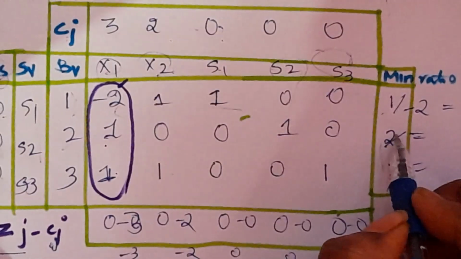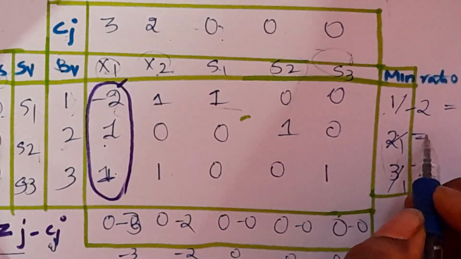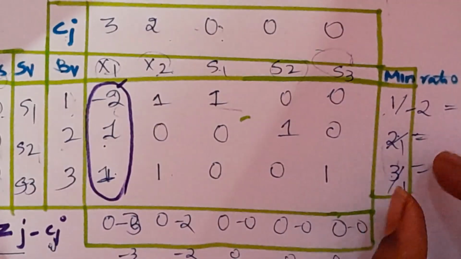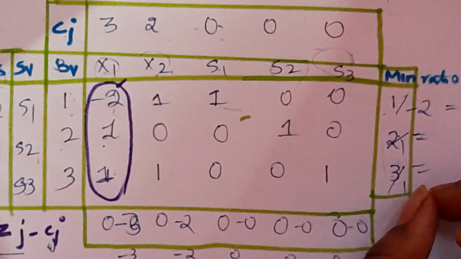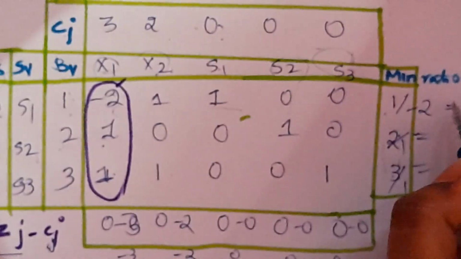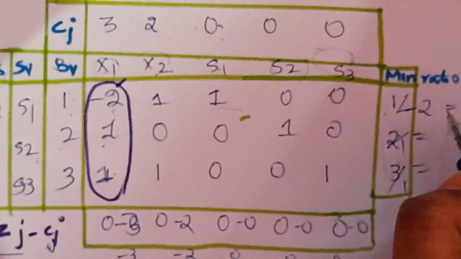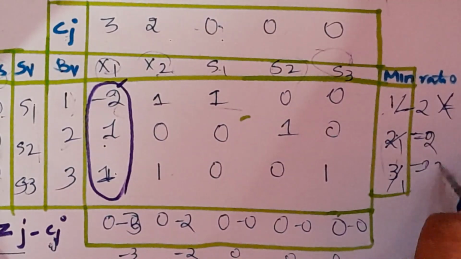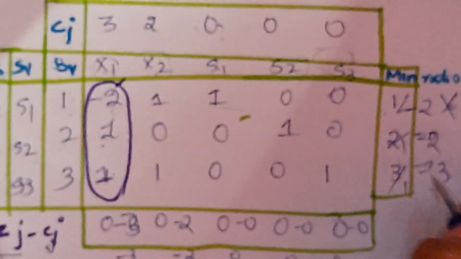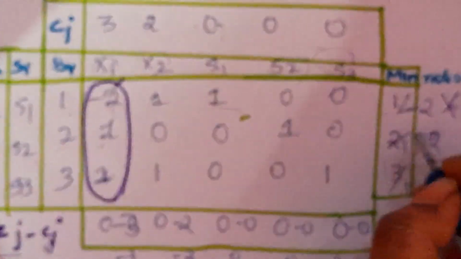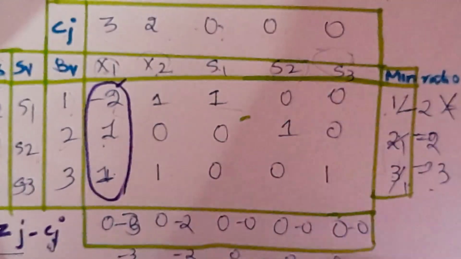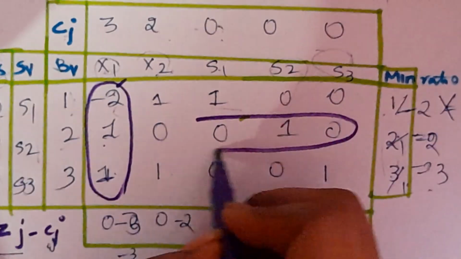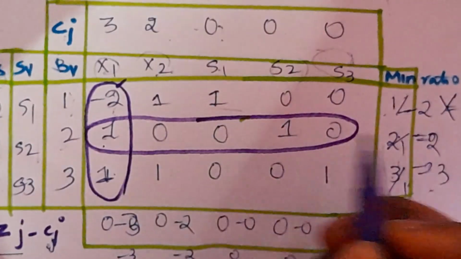Here we don't consider negative values, infinity values, or 0 values; we consider only positive values. From these, we consider the minimum value. Which one is the minimum value? 2. So this row becomes the key row.